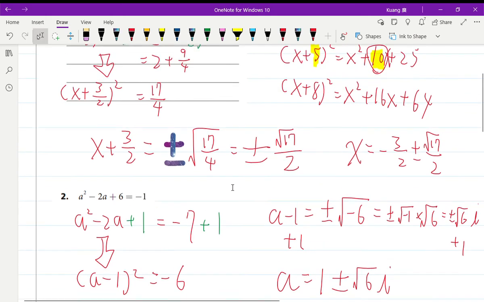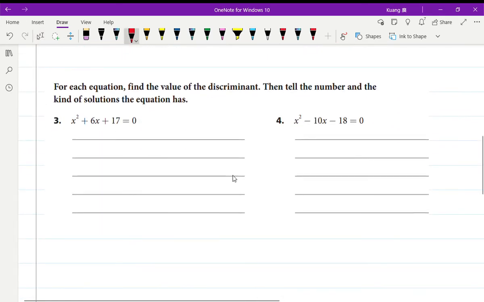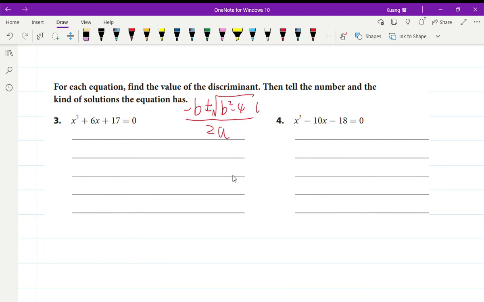Okay. Next, discriminant. So I taught you about the quadratic formula: x equals negative b plus or minus the square root of b squared minus 4ac, over 2a. Right?